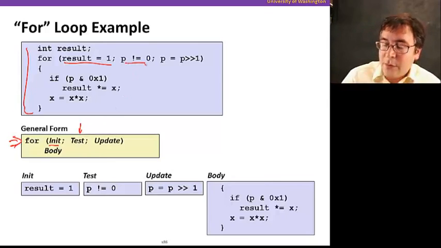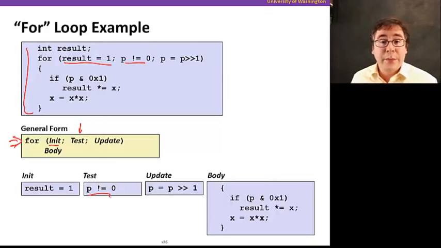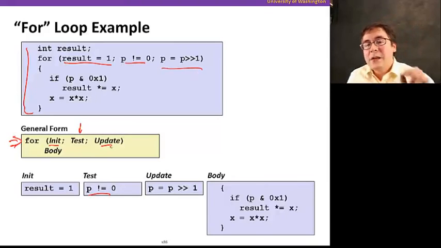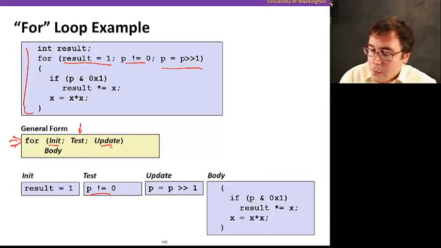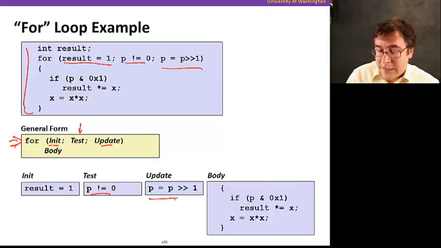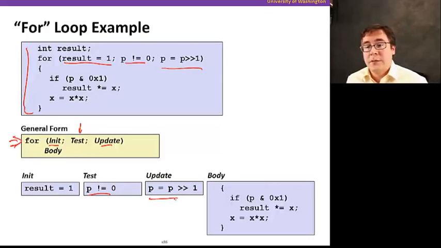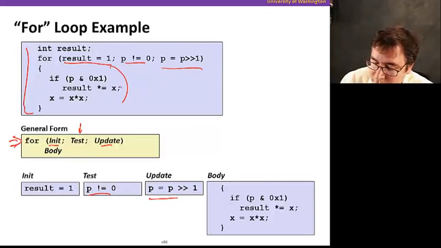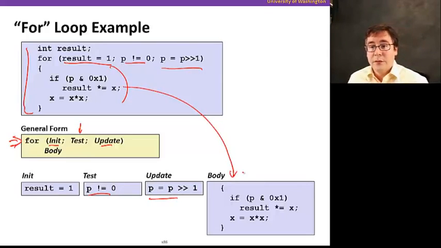In our example, it's whether p is not equal to 0. And then there's the update part that happens at the end of the loop. In our example, it's p equals p shifted right by 1. And then, obviously, this is the body of the loop.